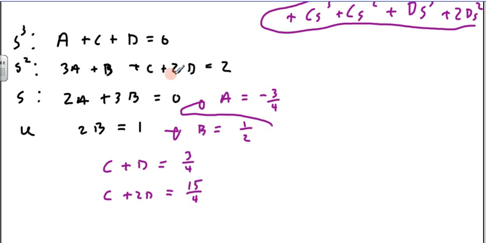Okay, so c plus 2d is going to be, I'm going to have minus 1/2, and I'm going to have plus 9/4, that's 8/4. That's, I got 2 minus 9/4 minus 1/2, 15/4.